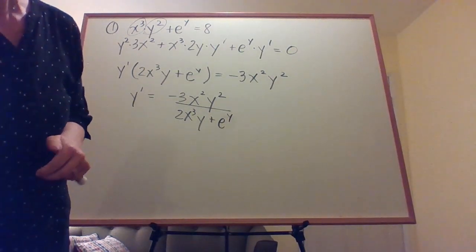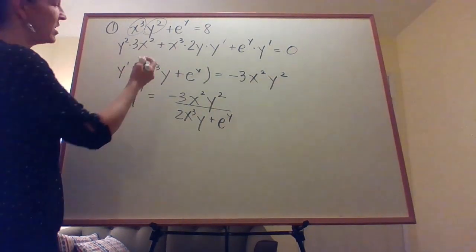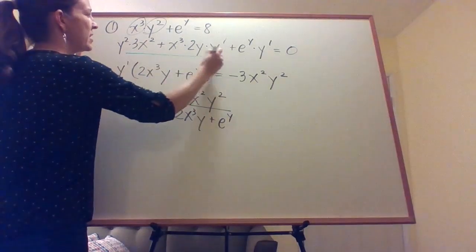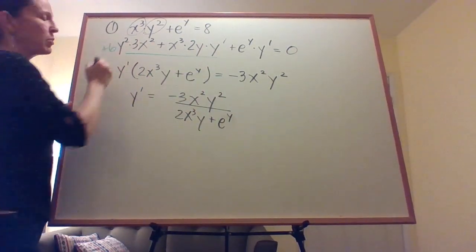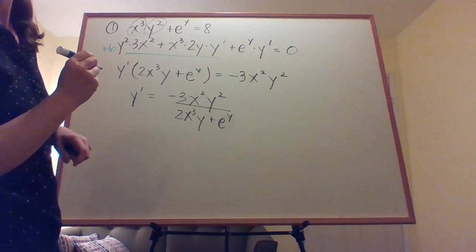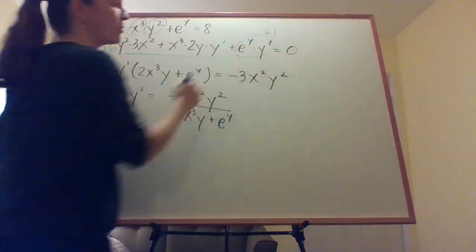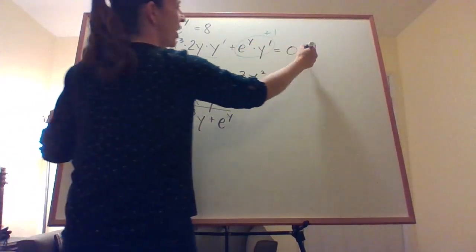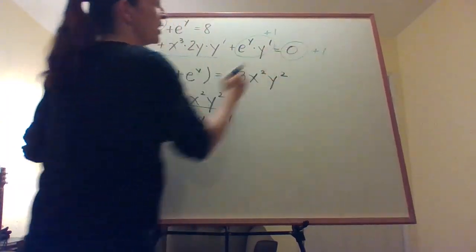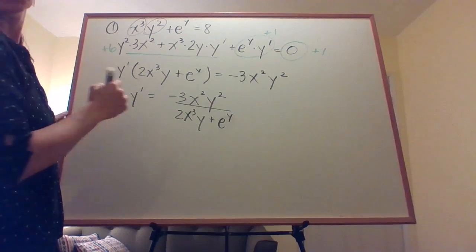Okay, if you notice on the answer key, if you differentiated this product correctly, this part here was worth 6 points. The points are also on the answer key. If you differentiated this correctly with the chain rule, that was worth 1 point. If you got this derivative being 0, that was also worth 1 point.